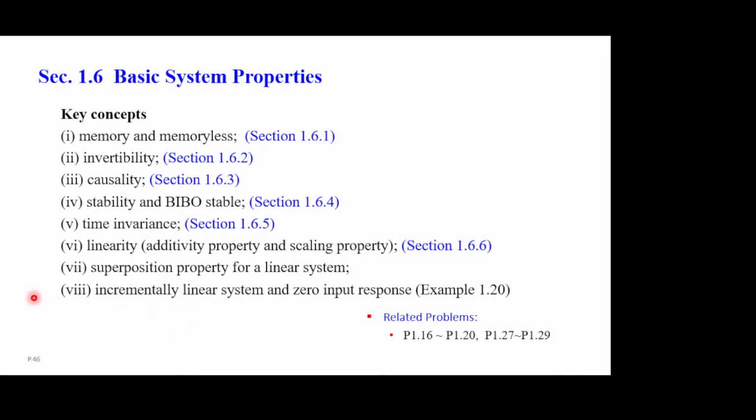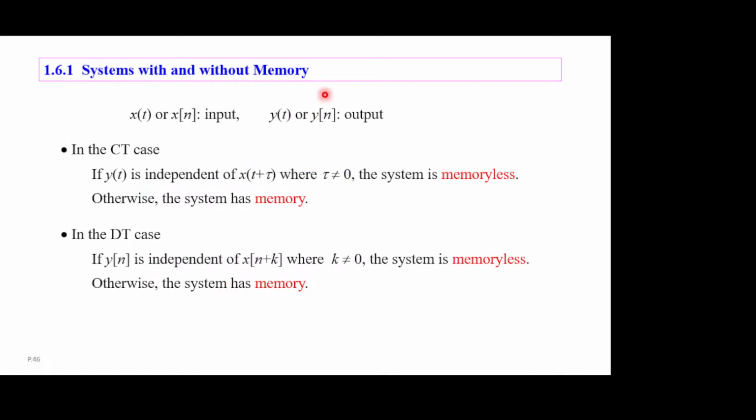Not quite a spoiler, but those are important, at least in this class, as you will see a lot of them in the homework, and in your midterm or even final. It will give you a system and ask you, does it have one of those properties, etc.